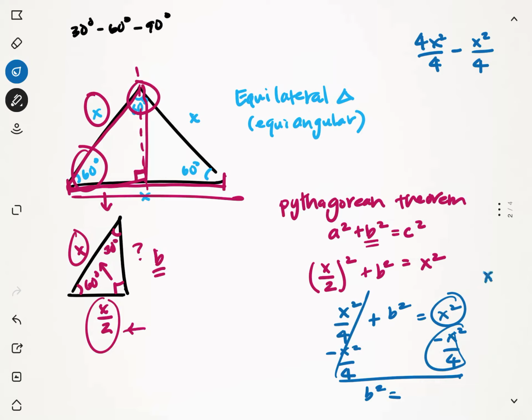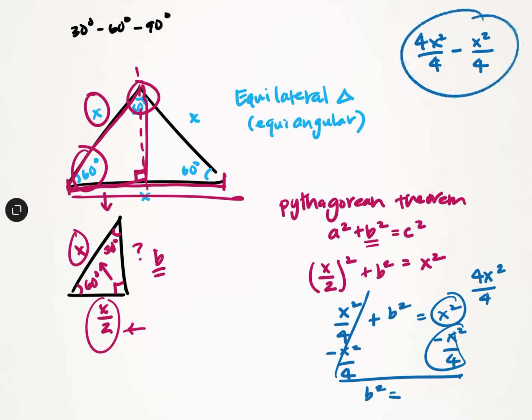So again, x squared is the same thing as 1x squared, which is the same thing as 1 over 1 x squared, and if we multiply by 4 on top and bottom, then we end up with 4x squared over 4. So we didn't change the value of it, we just changed the appearance of it. And then once we get here, it's like terms and common denominators. So 4x squared minus 1x squared is 3x squared over 4. So we're going to write that in.